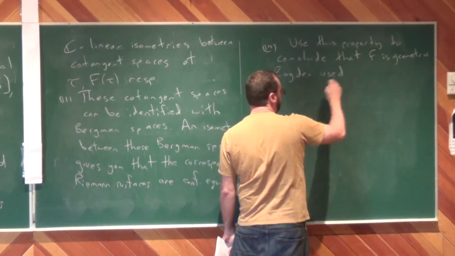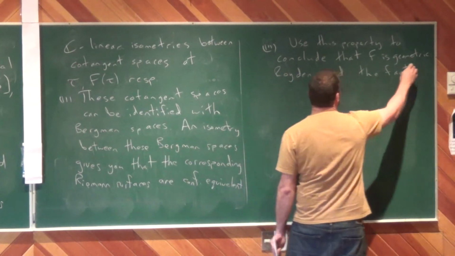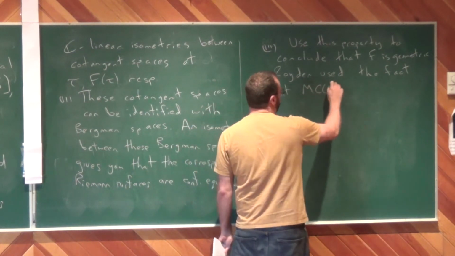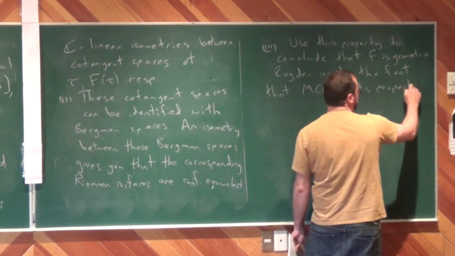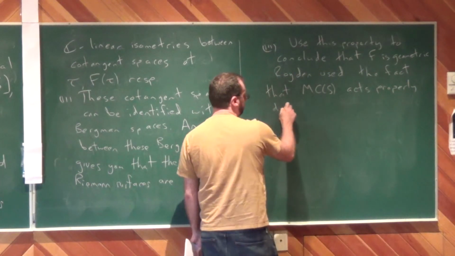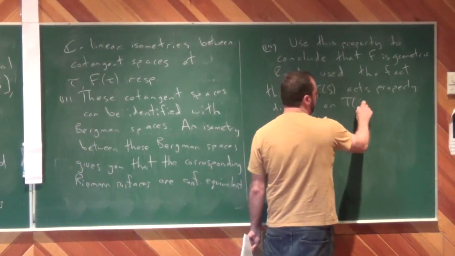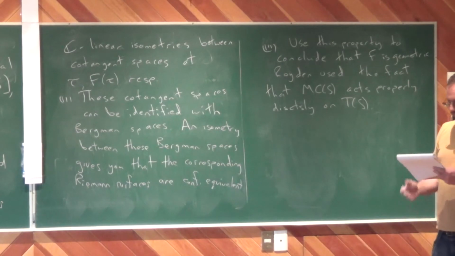And to do this in the finite type case, Royden used the fact that MCS acts properly discontinuously on Teichmüller space in the finite type case.